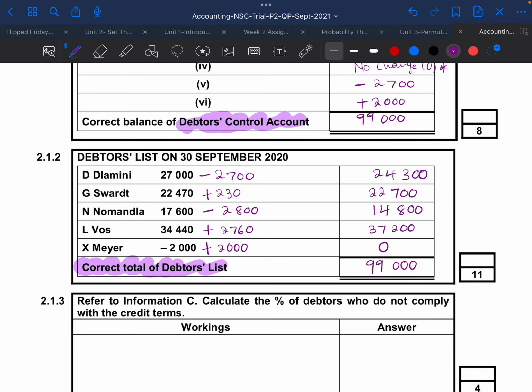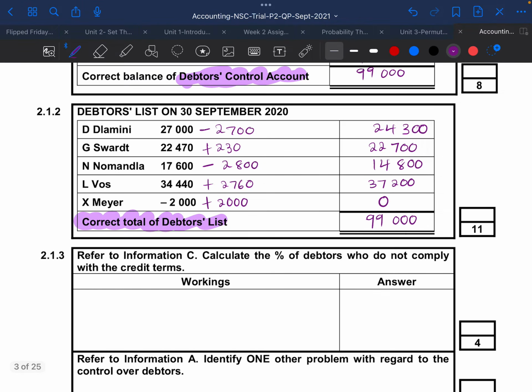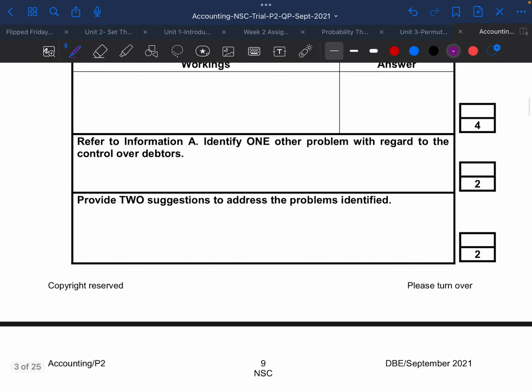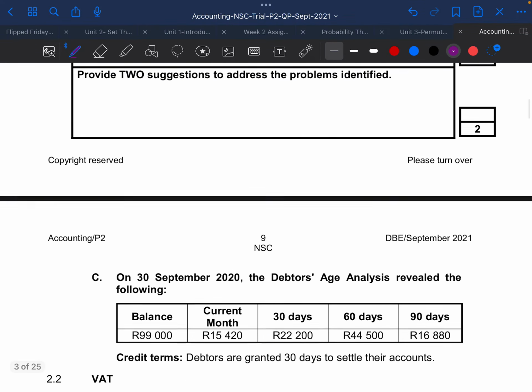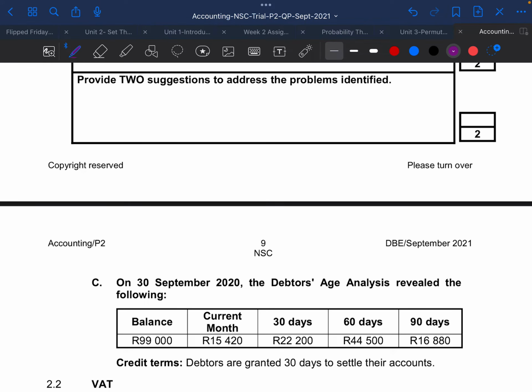And then refer to information C. Calculate the percentage of debtors who do not comply with credit terms. So information C says, on 30 September 2020, the debtors age analysis revealed the following.